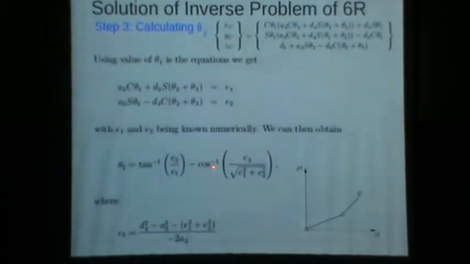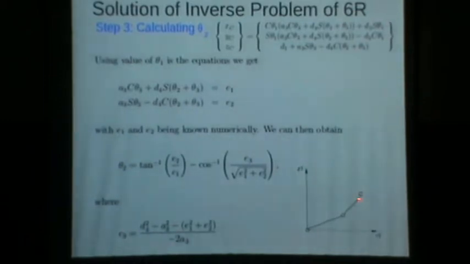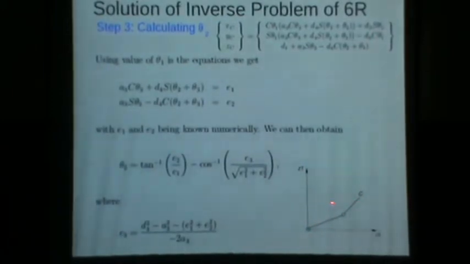Okay? What is meant by the fact that there are two solutions? The meaning of two solutions is this particular point can be reached with two values of θ2 and θ3 also. One is with this, and the other is actually with this link like this and this link like this.